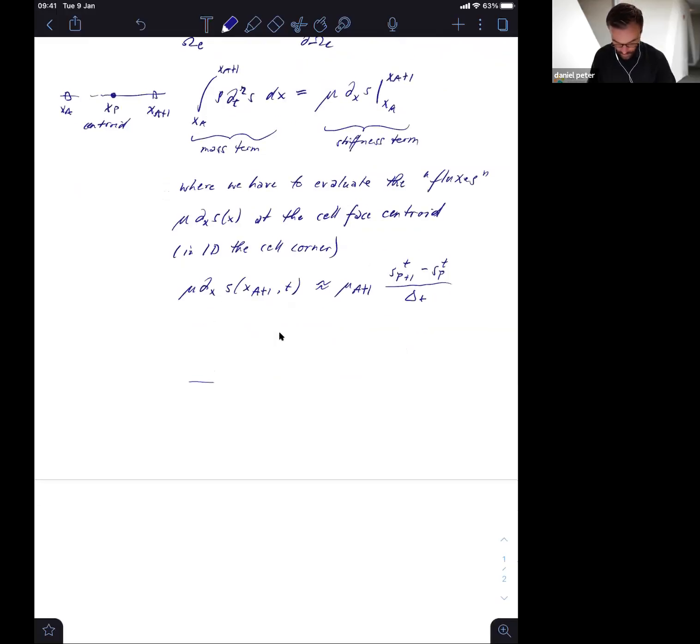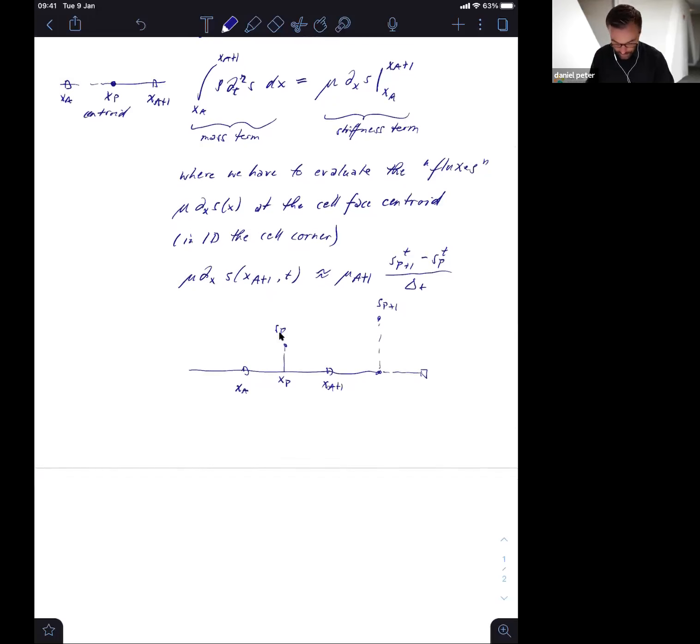So if you would plot that little figure, we have xa plus 1, xa, the centroid position xp with the displacement sp, and then we also look at the centroid position from the neighbor cell, which would be sp plus 1.